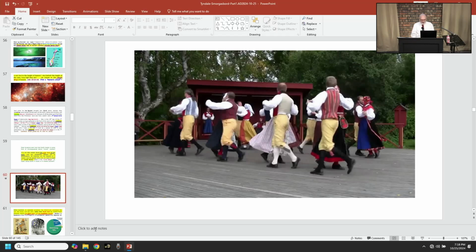Now, many years ago, Sherry remembers this, I tried out for a dance organization, a dance group. It was traditional Norwegian dancing, which is very different than the kind of dancing that was done when I was in junior high. When I was in junior high, it was not choreographed. It was chaotic. It was just, hey, throw your body parts around. Kick and swing. And Norwegian folk dancing is very different.